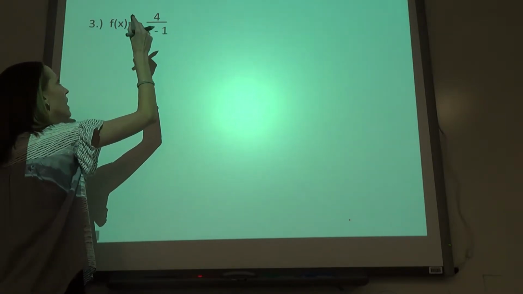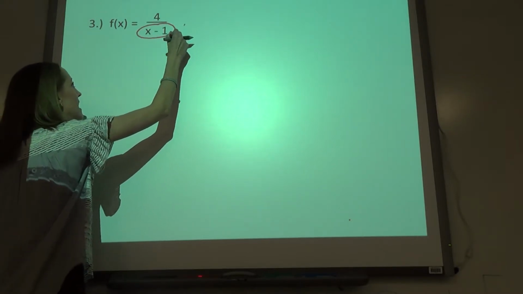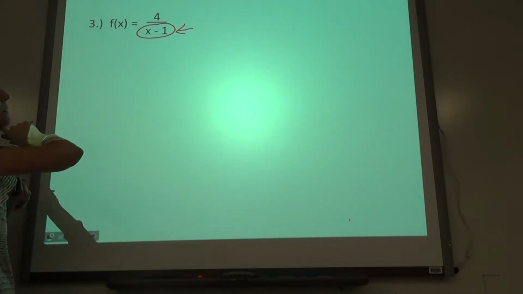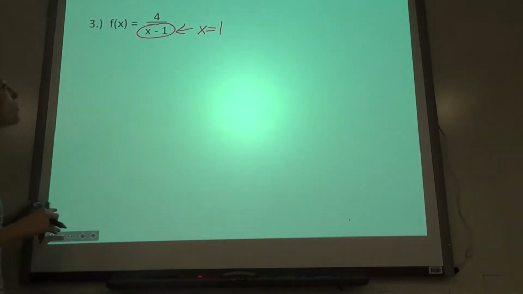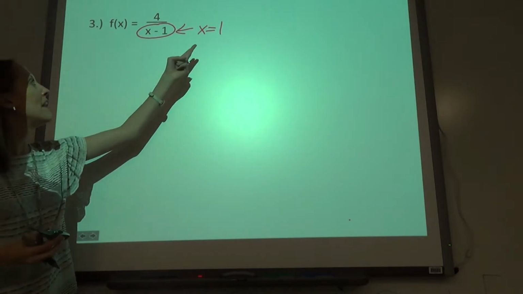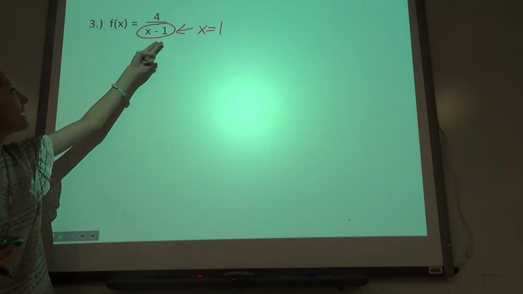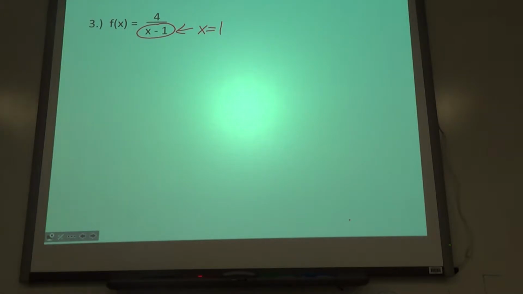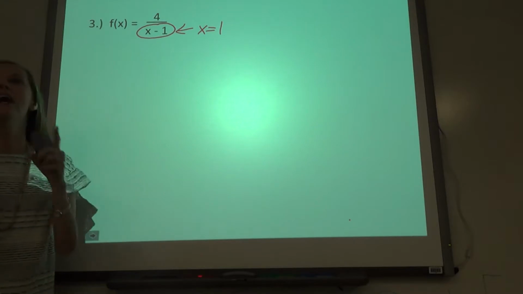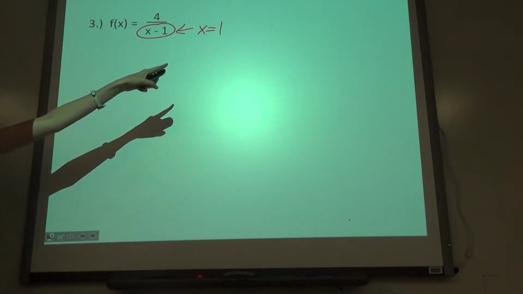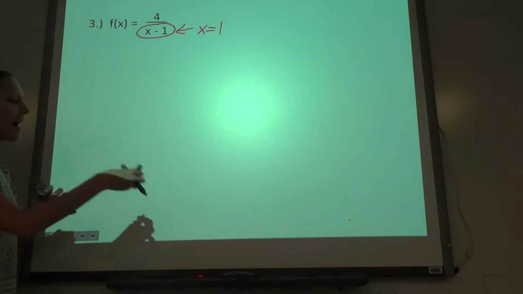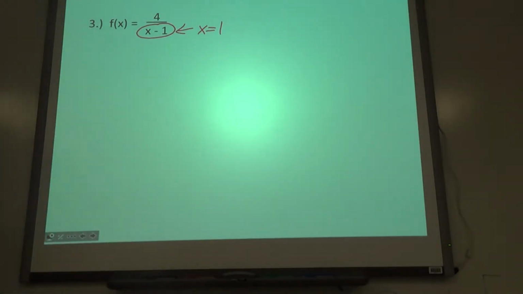So thinking about our domain killers, the x value that I'm concerned about here is x equals 1, because if x was 1, 1 minus 1 is 0, and I would be dividing by 0. That's the x value that I'm concerned about. So more than likely, that is going to be one of our points of discontinuity. Now, we still have to classify it as removable or non-removable.